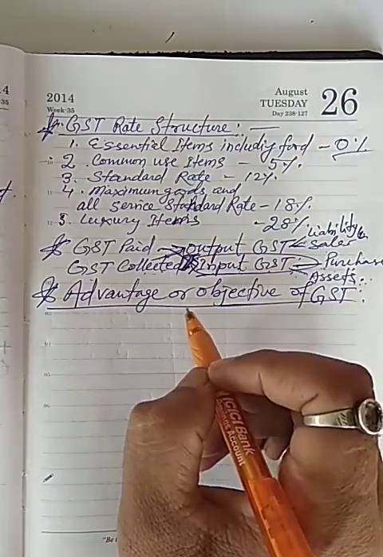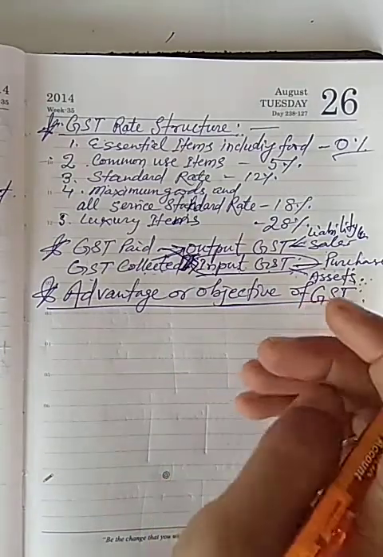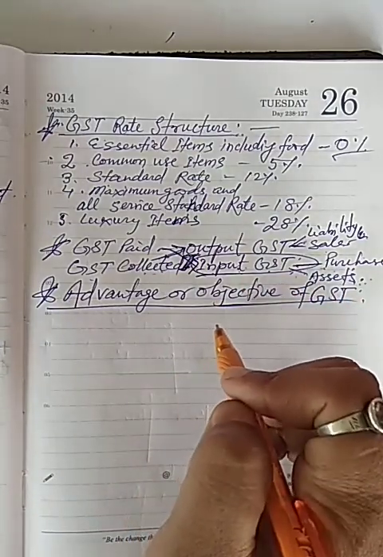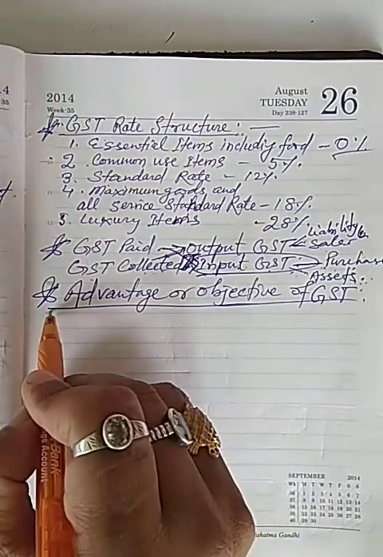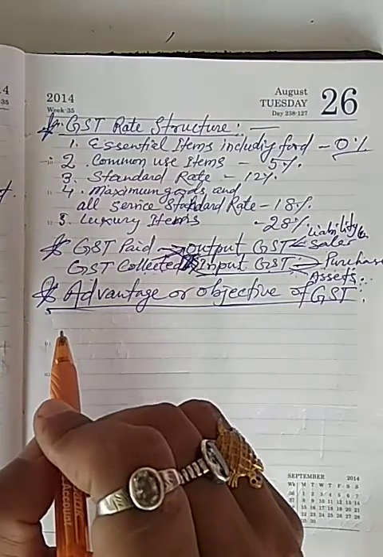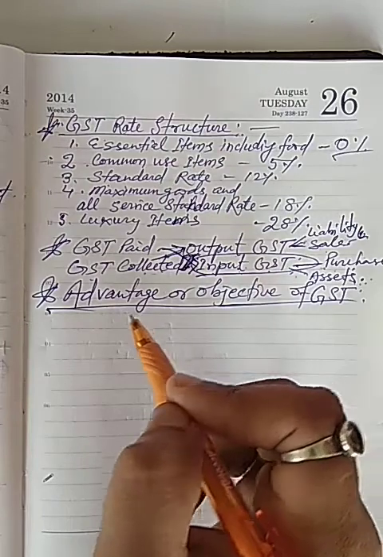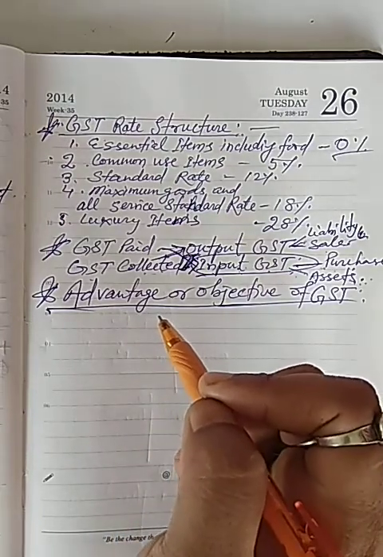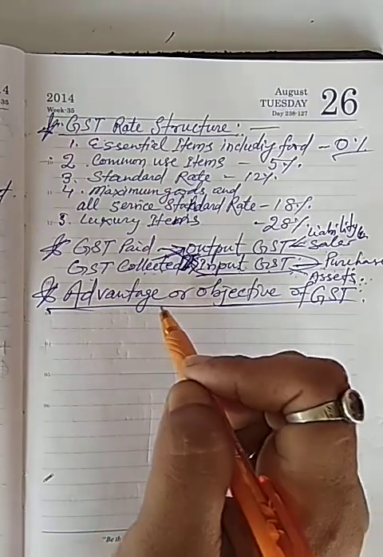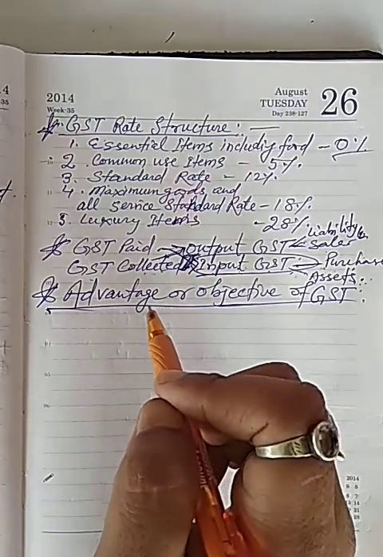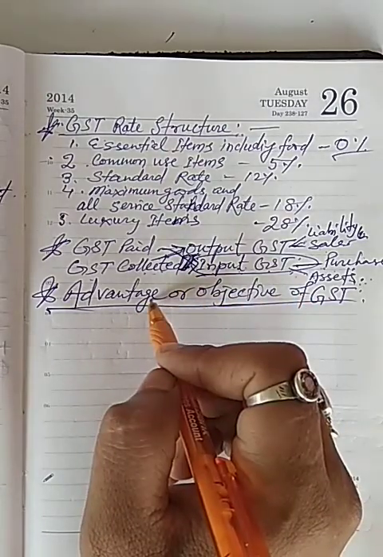In the pre-GST regime, there were many indirect taxes levied by both center and state. For example, the center charged excise duty on goods manufactured and the state charged VAT on the same goods.